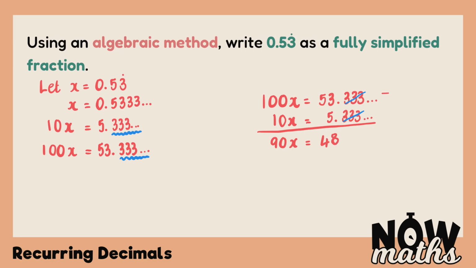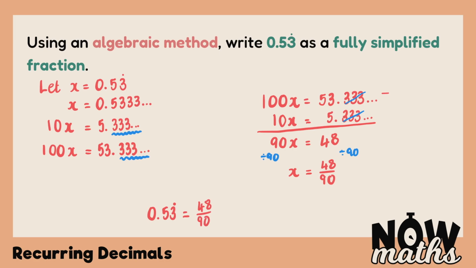Now we're left with 90x equals 48, so we solve by dividing by 90. And that should give us x on the left, and 48 divided by 90 is 48 over 90. So our fraction is 48 90ths, and we can say that 0.53 recurring equals 48 90ths.